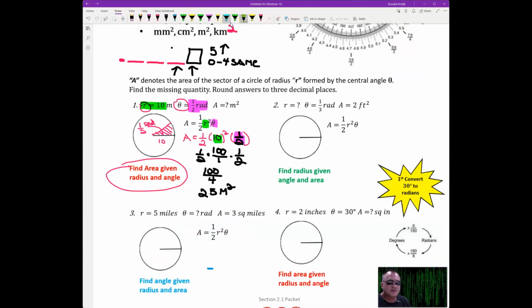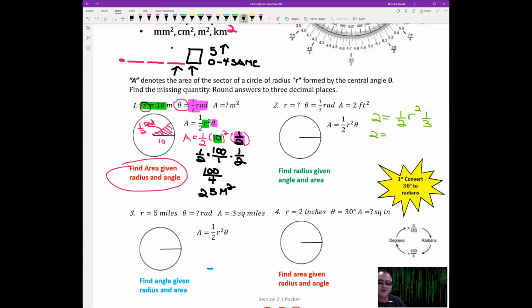Next, we're asked to find the radius if we know the angle and the area. So I'm going to substitute into my sector formula and then solve it for the variable r. I substituted in. I don't know r, so that stays r squared, and I know my angle is 1/3.